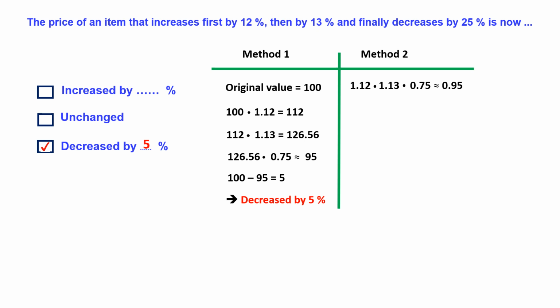Increasing by 13% means 1.13 in change factor, and decreasing by 25% means 0.75. The product of all these change factors equals to 0.95. So this is another way to solve this problem.